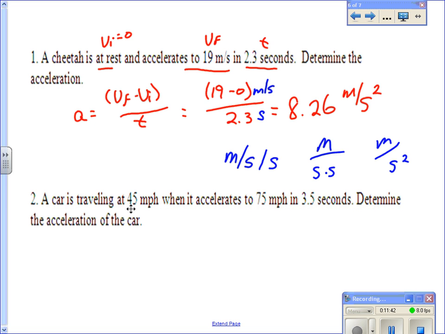A car is traveling 45 miles per hour when it accelerates to 75 miles per hour in 3.5 seconds. In America, we use miles per hour as our speed for cars. If you go to purchase a car, we're traveling at 45 miles per hour, that's VI, and then we accelerate to VF.